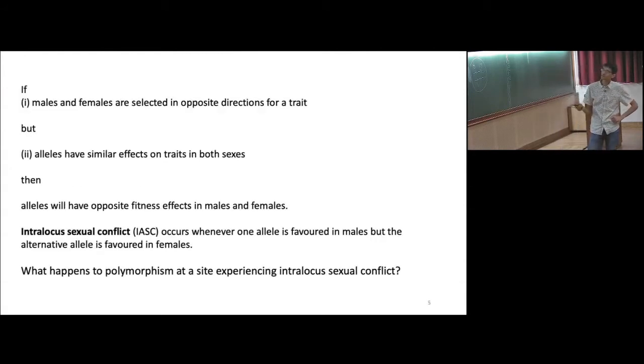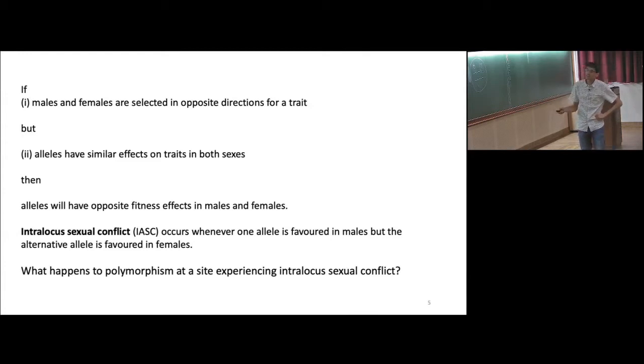So here's potentially the problem. If males and females are selected in opposite directions for a trait, imagine males are selected to be taller and females to be smaller, but if alleles have similar effects on both sexes, then of course alleles will have opposite fitness effects in males and females.